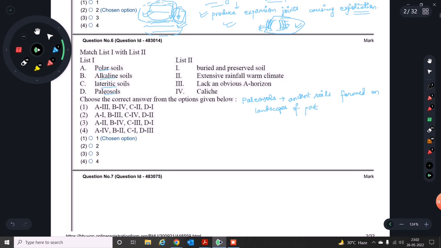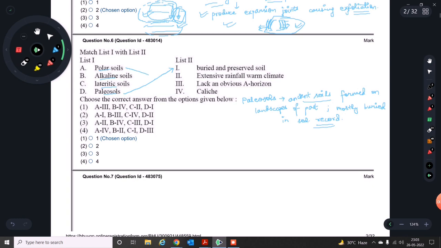Also, these are found mostly buried in the sedimentary record. So these are paleo soils, ancient soils basically. So by this we have paleo soils as buried and preserved soil.